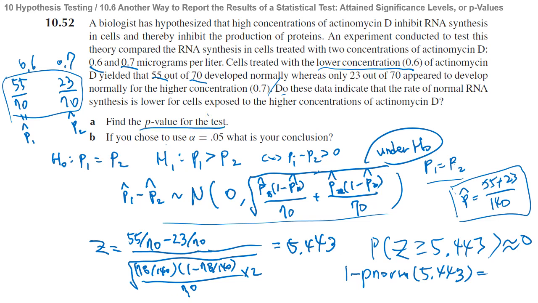If you choose to use alpha equals 0.05, what is your conclusion? Your p-value is less than alpha, so you will reject the null hypothesis.